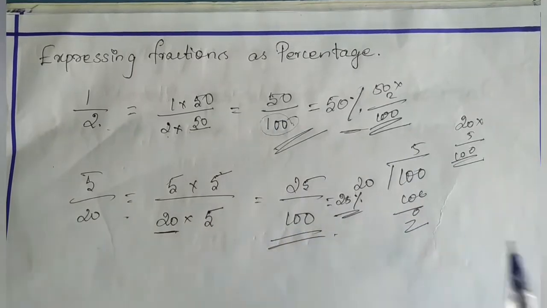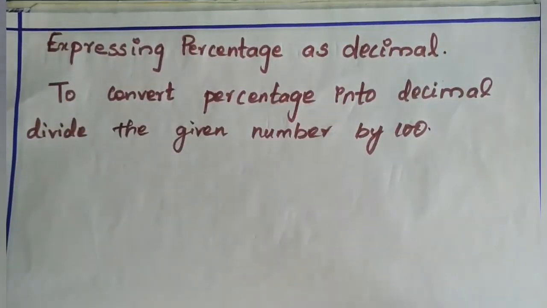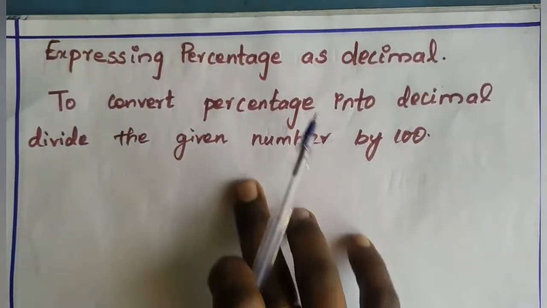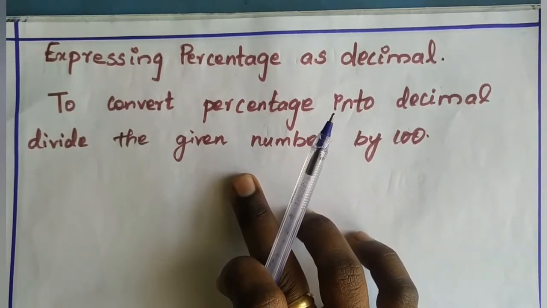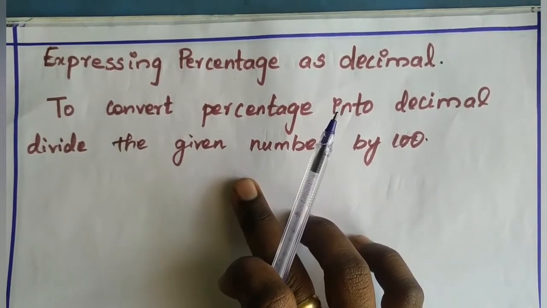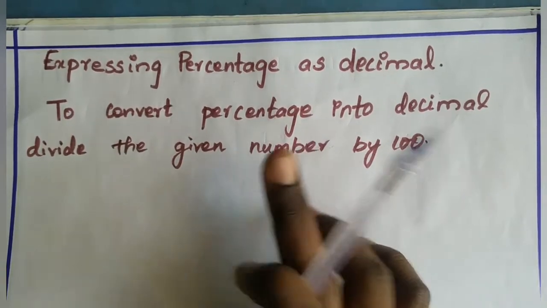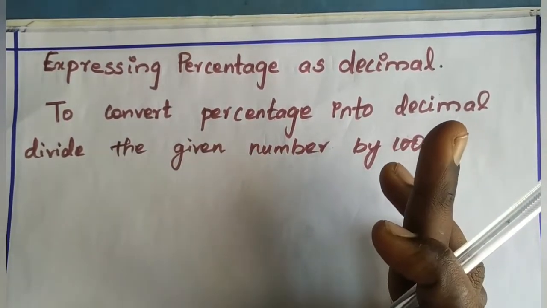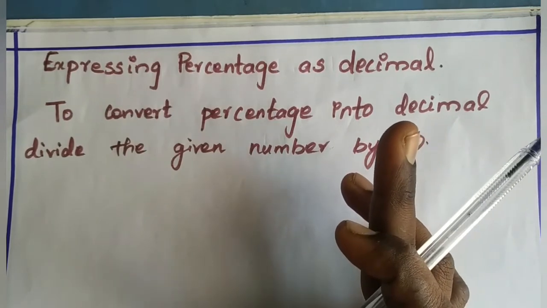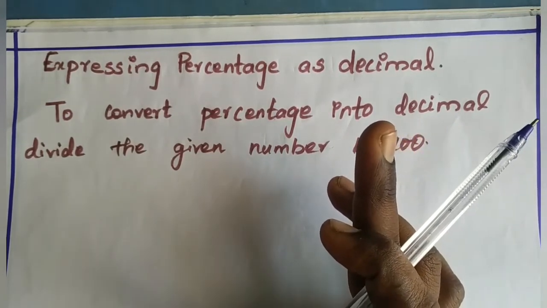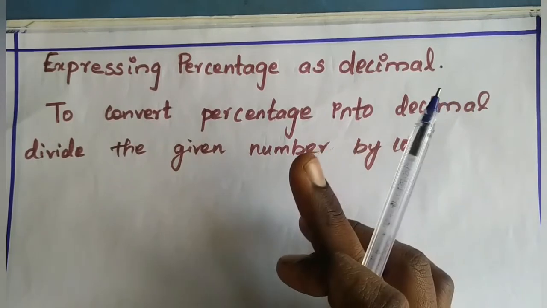So in expressing percentage as decimal, you want to divide the given number by 100. Always remember, for converting decimal to percentage, you convert it into a fraction with the denominator 100.